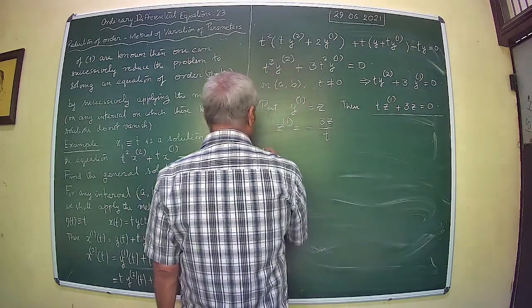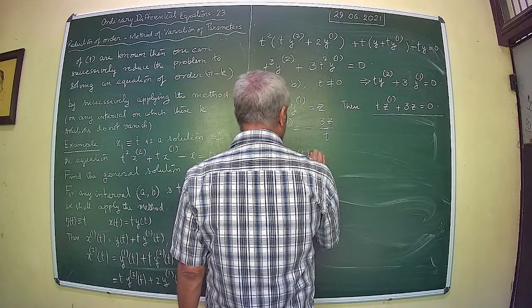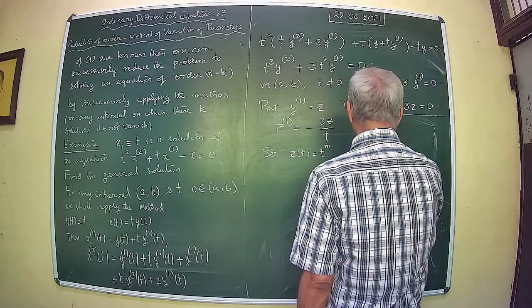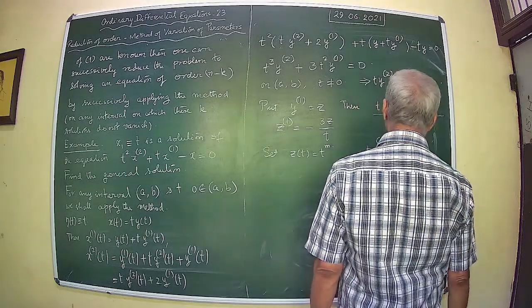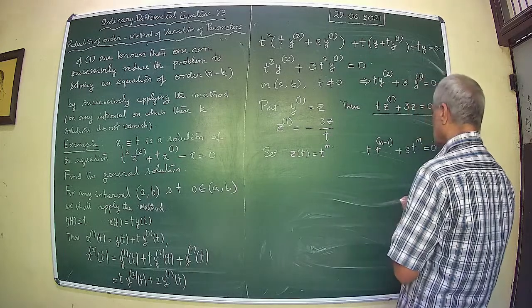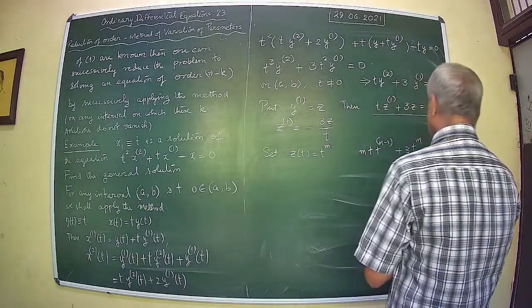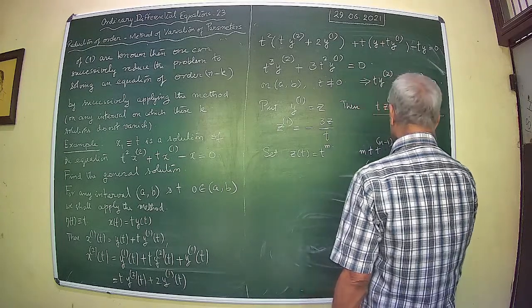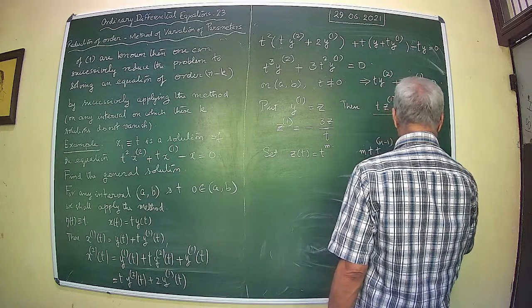consider a solution of the type, then you see that t into t to the power m plus 3 e to the power n equal to 0. Therefore, m is equal to minus 3.